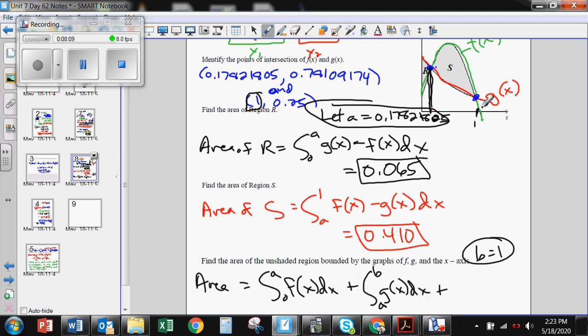And we're going to go all the way to the ending, which we don't know what that point is right there, but it's going to be from b to some value. We've got to figure out what that value is, but it's a green graph, so it's going back to being f of x dx. So I've got to find that point, put it in, and then we can find that answer.